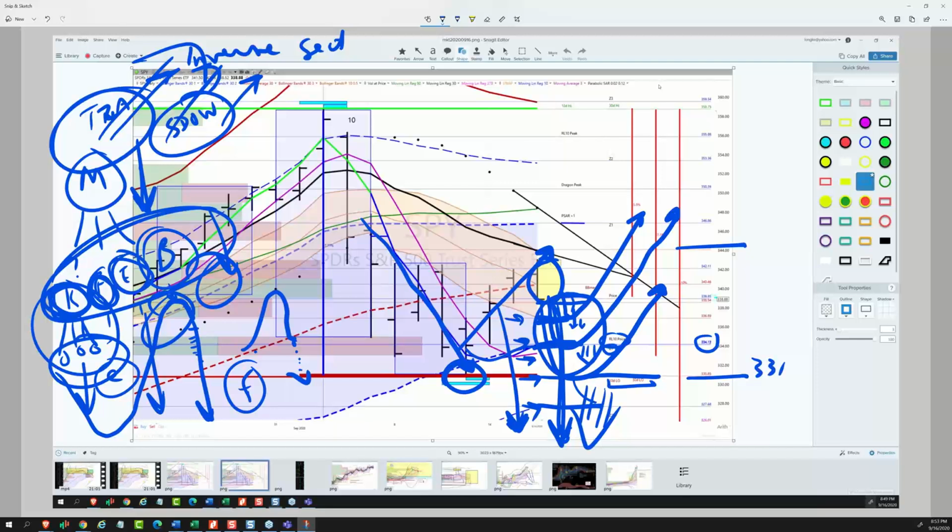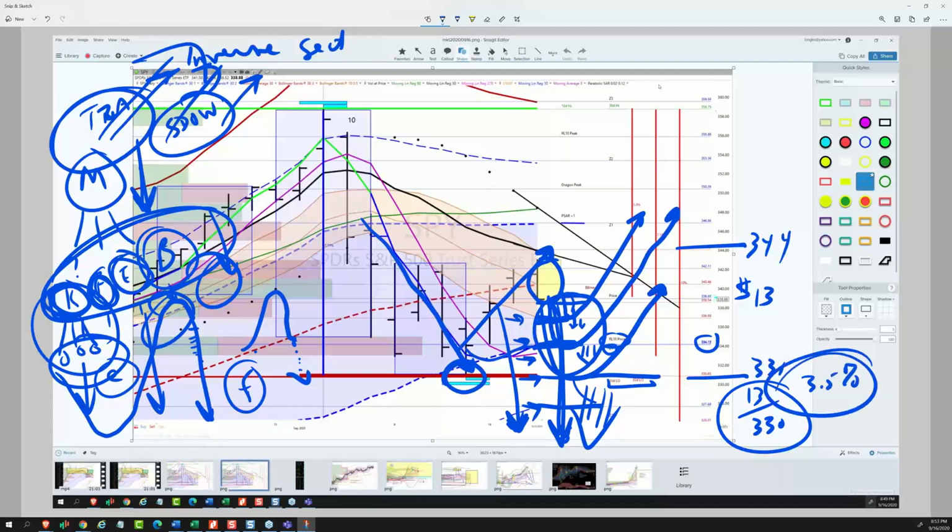331 to 344. That's $13. $13 on 330. That's about 3.5% over a 4-day period. That's a pretty good move. But today was the first day it started to sell off.